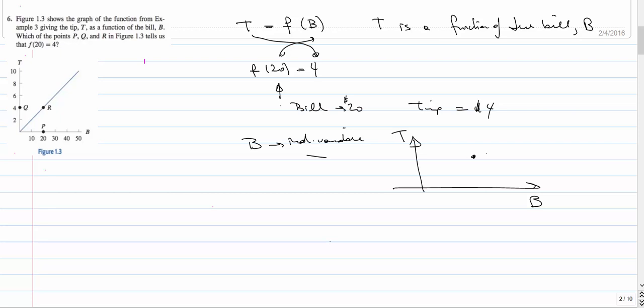So for any point on the graph, the first value represents the values for B. The second spot will represent the values for T. So when I say f of 20 equals 4, this translates into my output and my input.